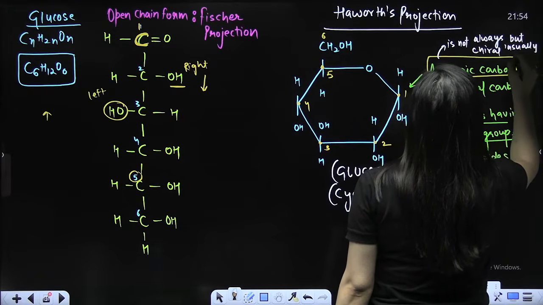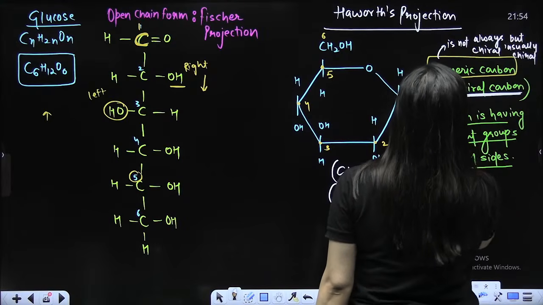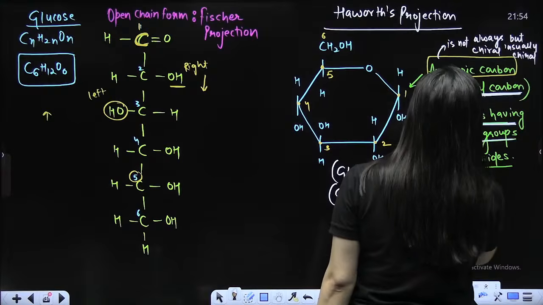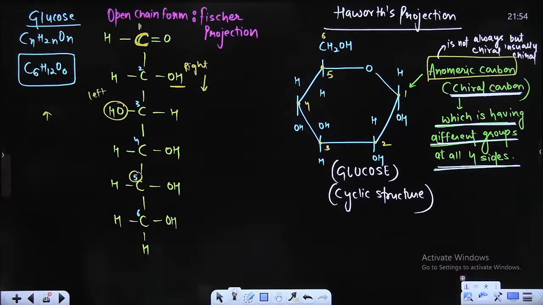A chiral carbon is a carbon attached to 4 different groups. Is that clear? The term anomeric carbon is used for the carbonyl carbon in the open chain form that becomes attached to the OH in the ring.